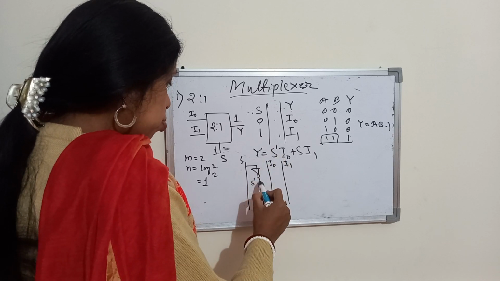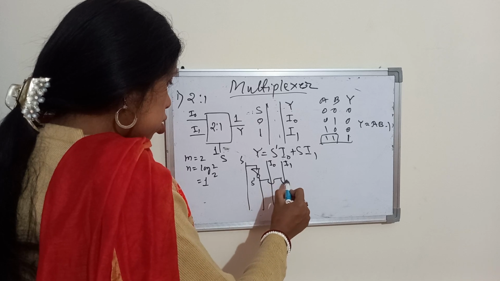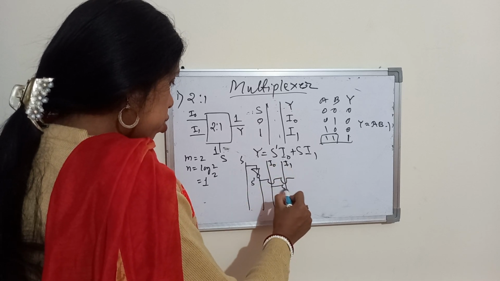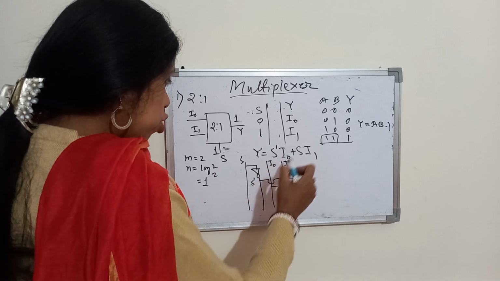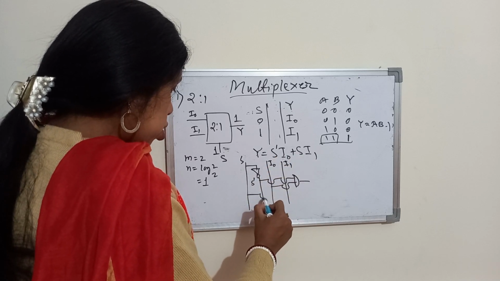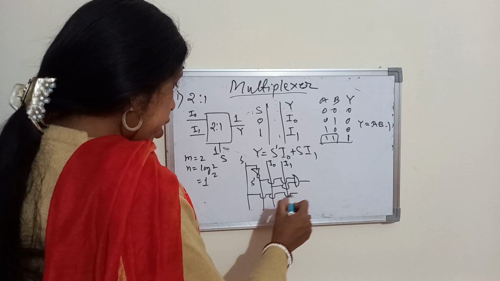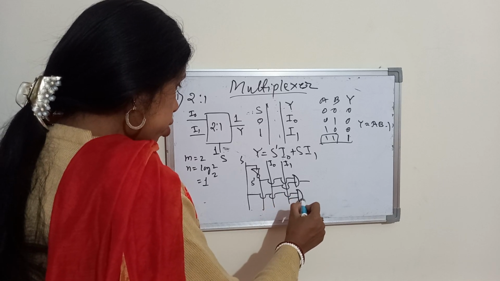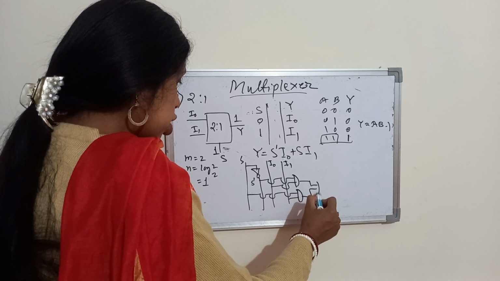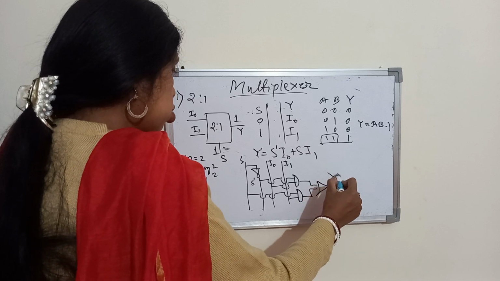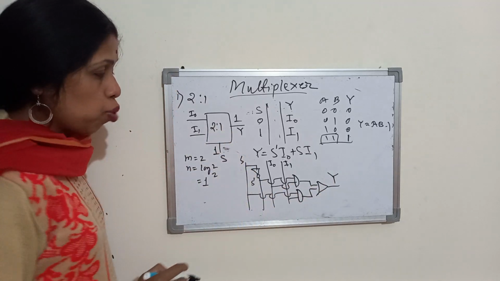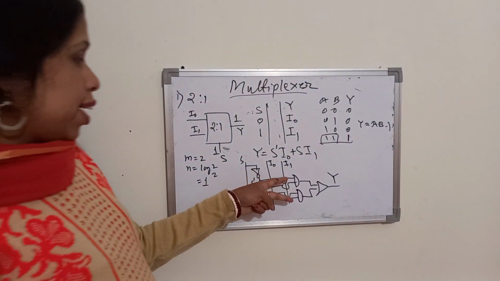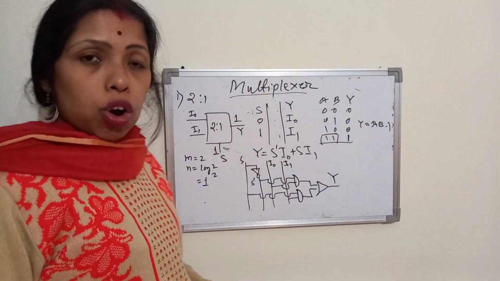And the AND operation between first S prime and I naught. Then the AND operation between S and I1. After that OR operation. This is your Y naught. So these entire structures are there inside the 2:1 multiplexer. 2 AND gates, 1 NOT gate and 1 OR gate.